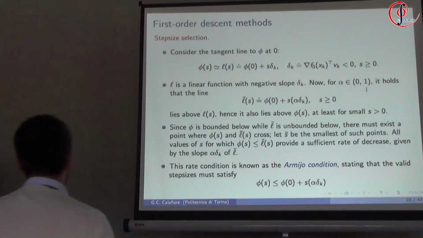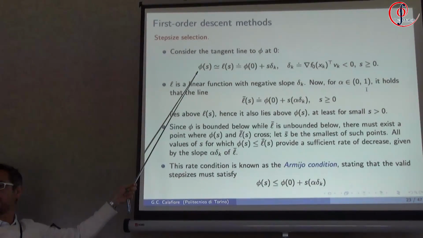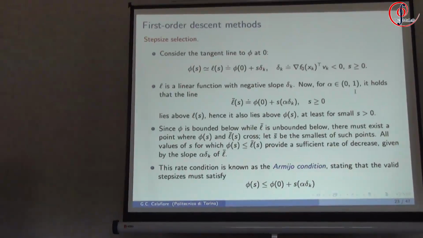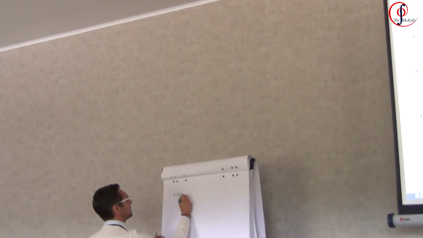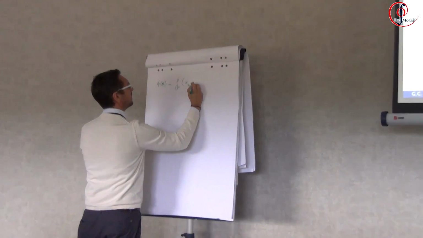So what we do is the following. Phi of s is the restriction of f0 along the line.